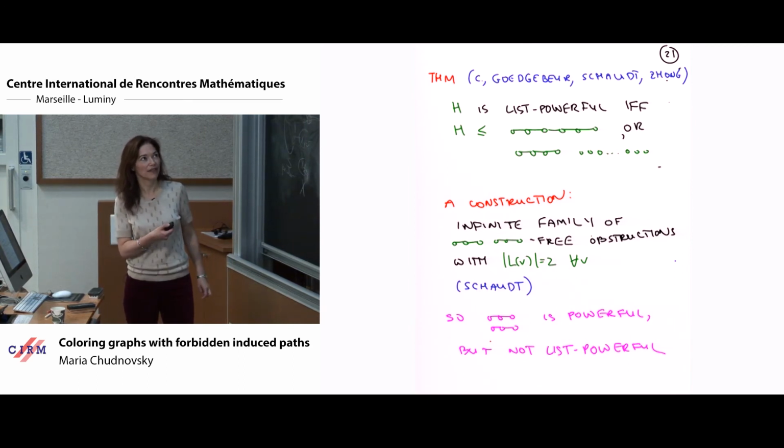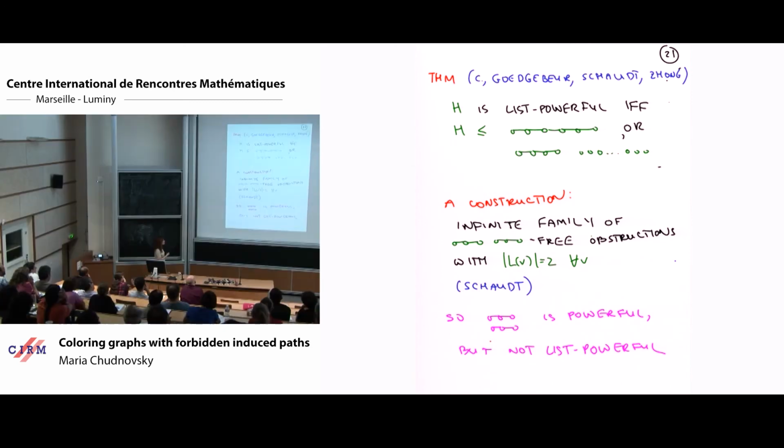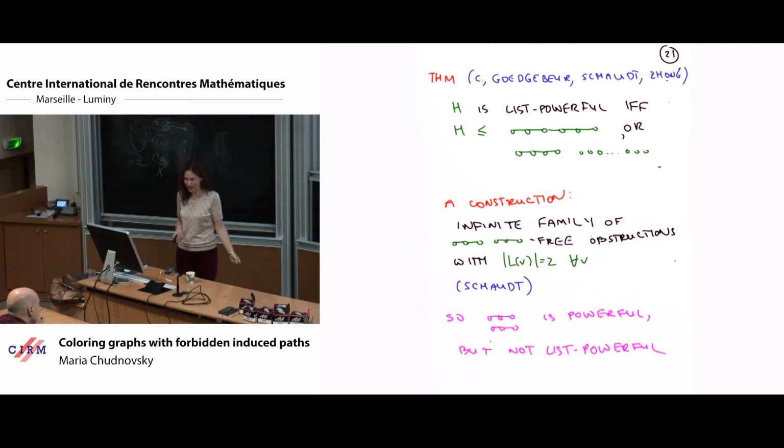It doesn't work if it's a subgraph of this, because there's an infinite family of graphs that don't contain this, and all of them are minimal list abstractions, and all lists have size 2. Okay, so that's the least coloring theorem, and I'll explain why there is a difference and what it has to do with pre-coloring extensions.